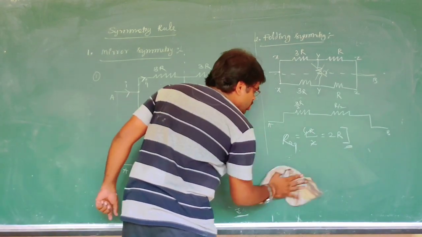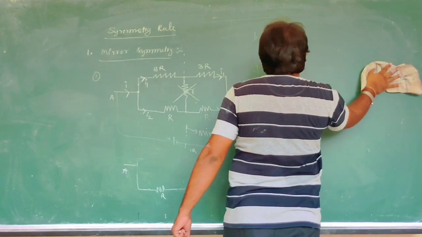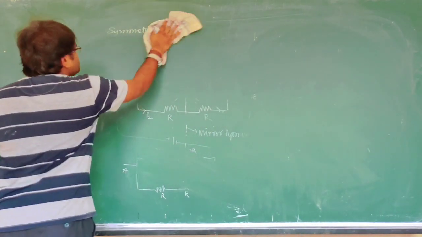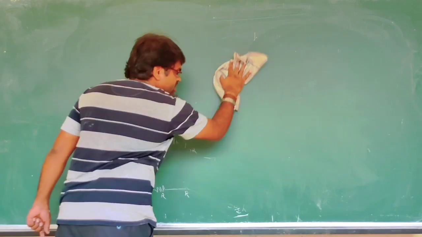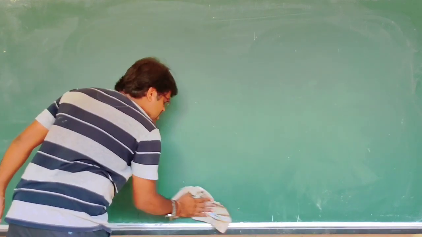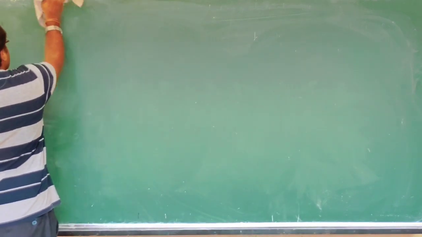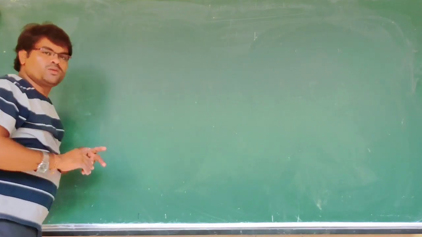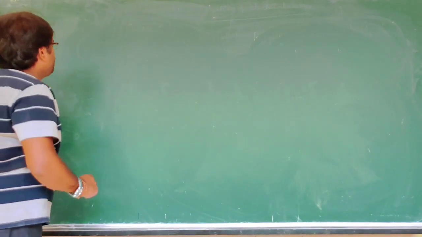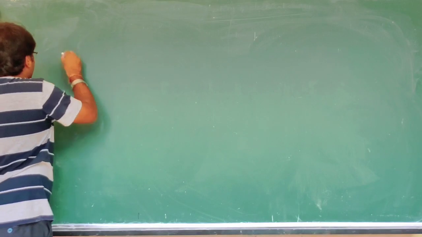Now let's go to the model problems about mirror symmetry and folding symmetry. First, two example problems for each model. Now the first mirror symmetry problem.